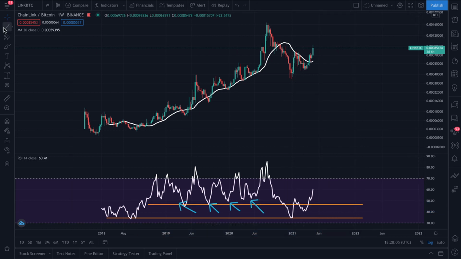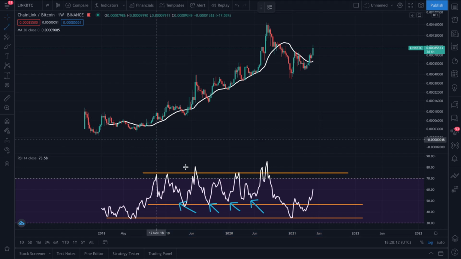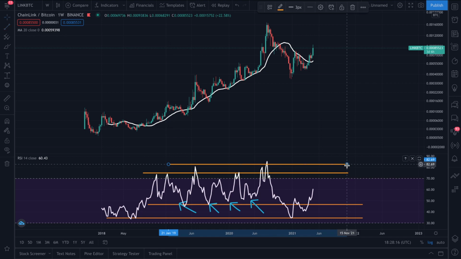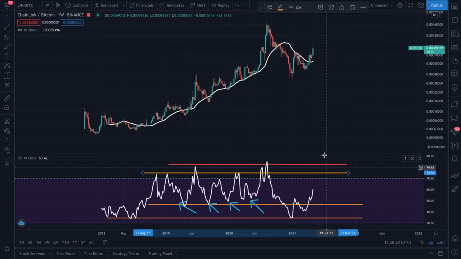The second level that we're looking at is the upper bound. The upper bound has more or less two levels. That one line here, and I'll color code these to make it a little more legible, but let's make these red.